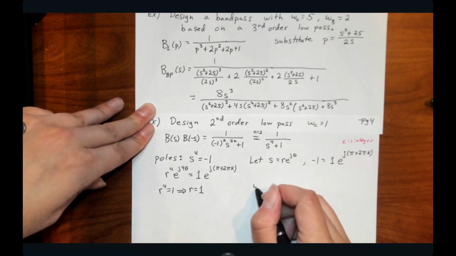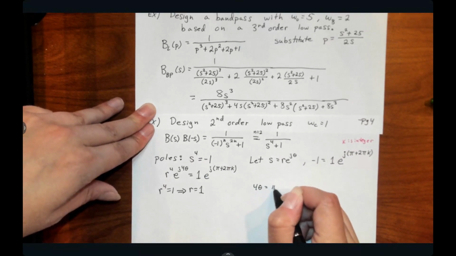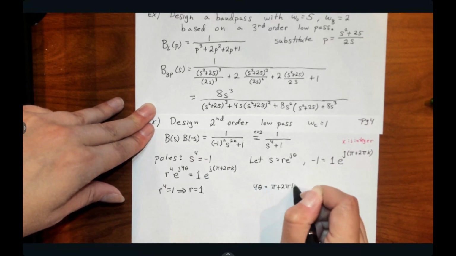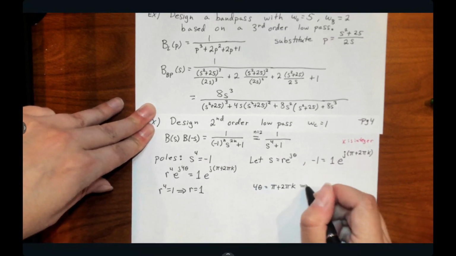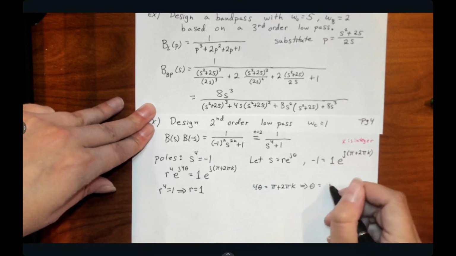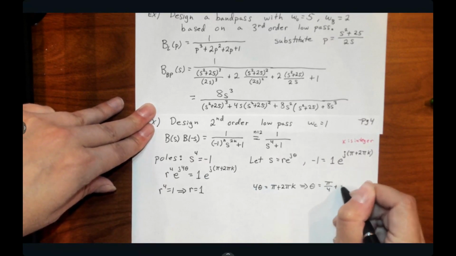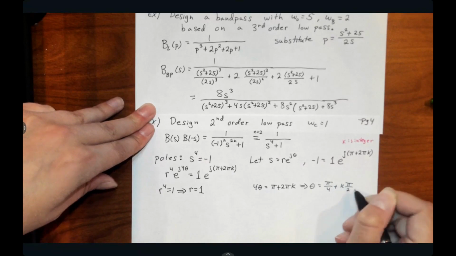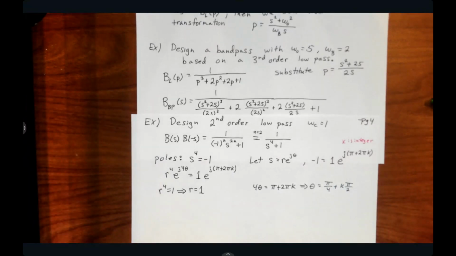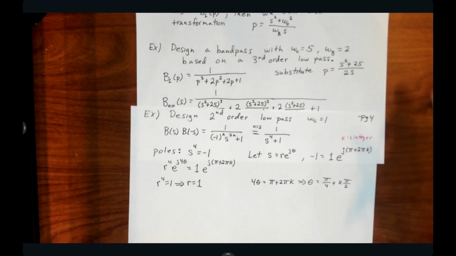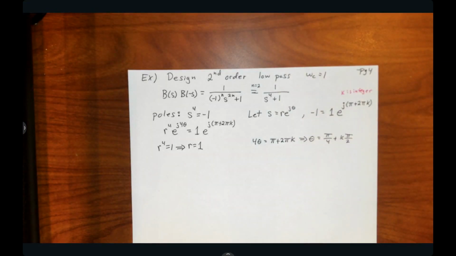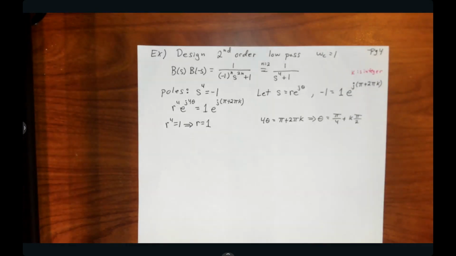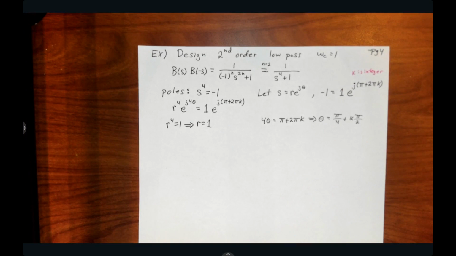And for theta, 4 theta is equal to pi plus 2 pi k, so we get theta is equal to pi over 4 plus k pi over 2. Now this gives us expressions where we can find all 4 poles.